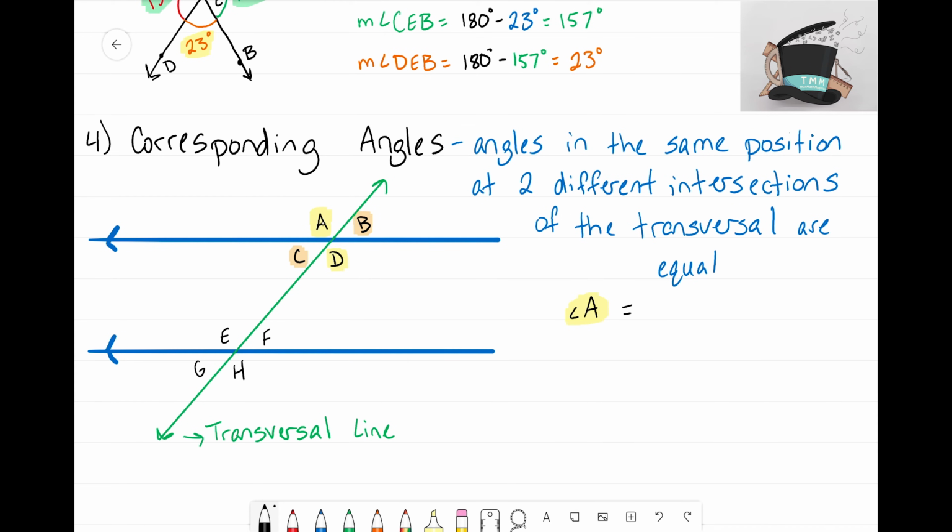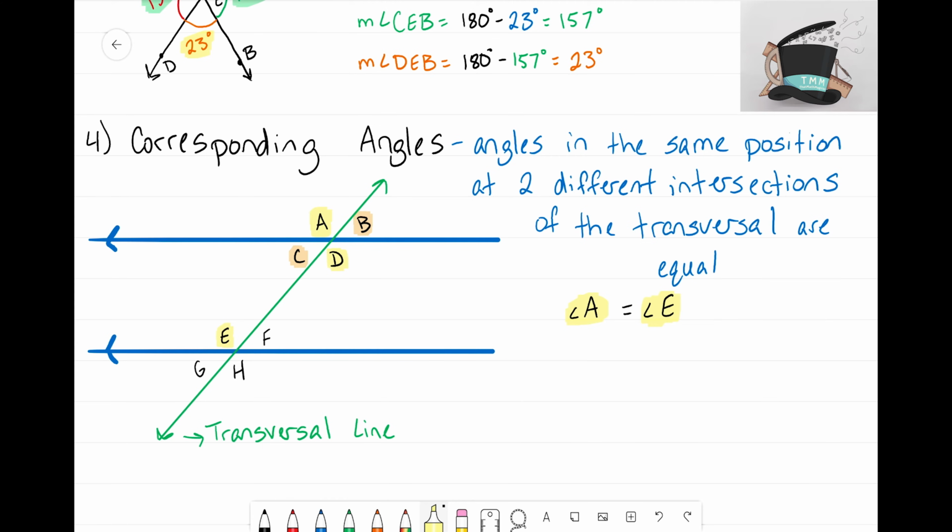Since A is in the top left spot, E here is also in the top left spot. So we could say that A and E are corresponding. They are in the same position, but at two different intersections of the transversal line, and they are equal. That is what corresponding angles mean: same position, but different intersection.